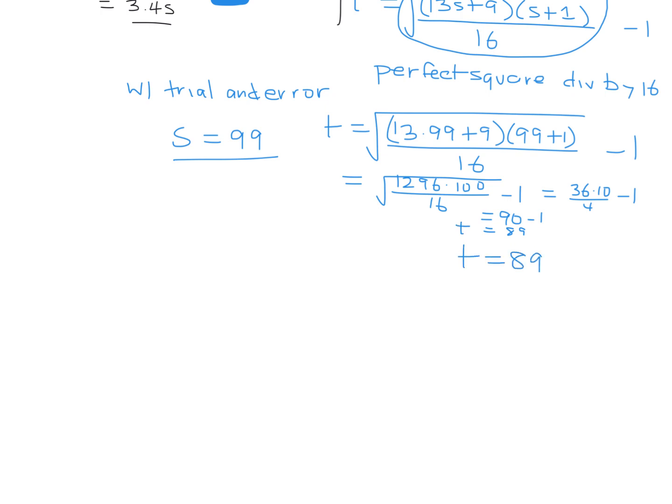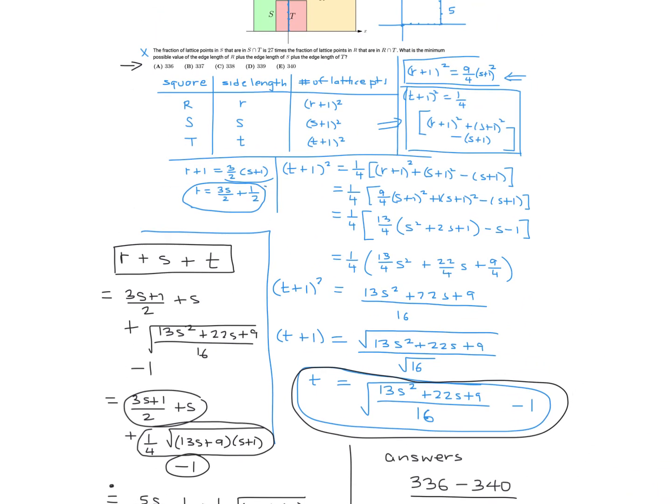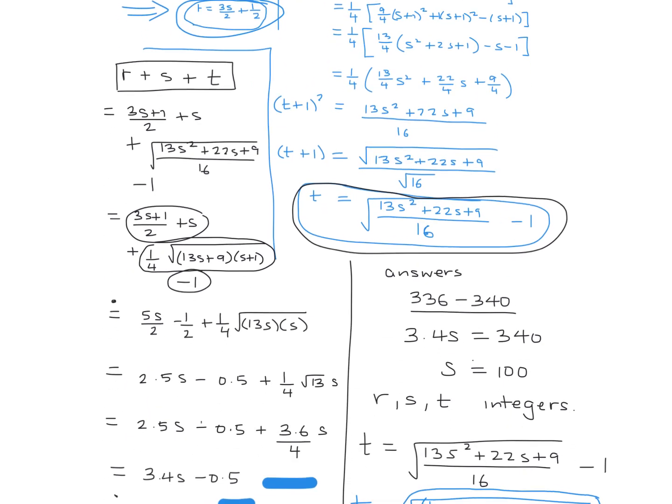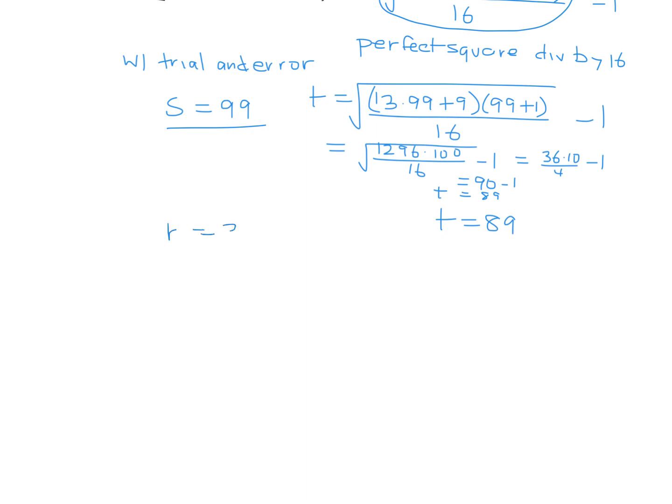And then when you plug it back into any of those formulas, like this one right here from the very beginning, that r is 3s over 2 plus a half, we get r is equal to 149.